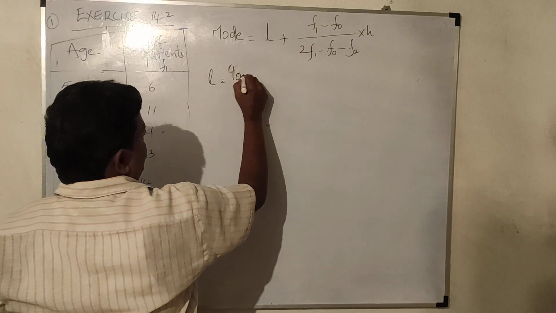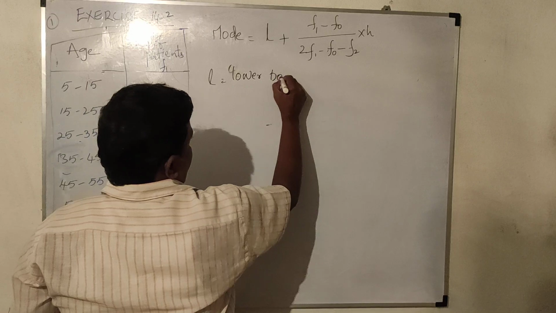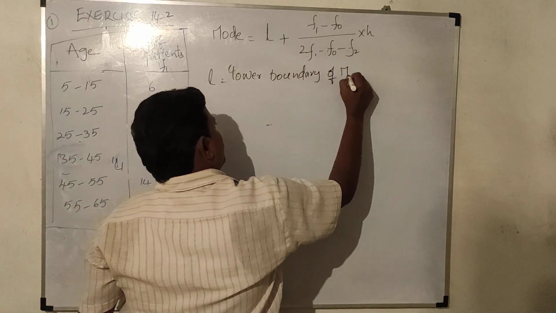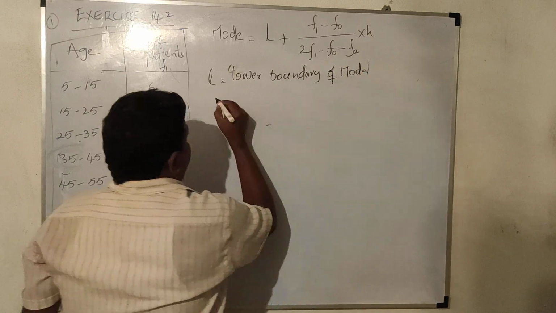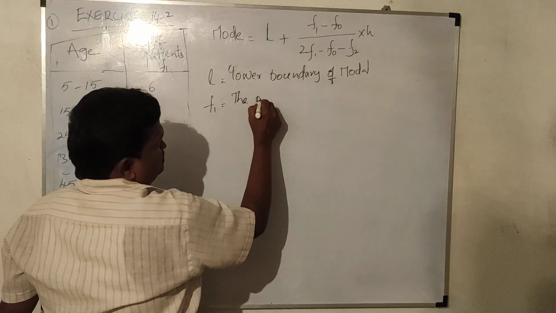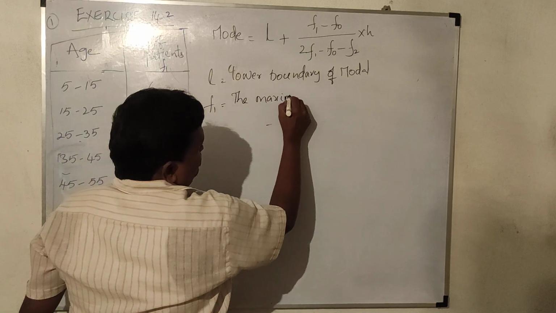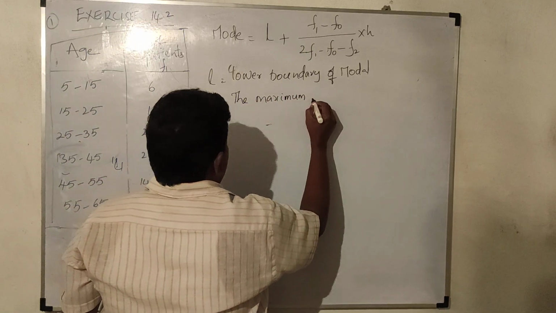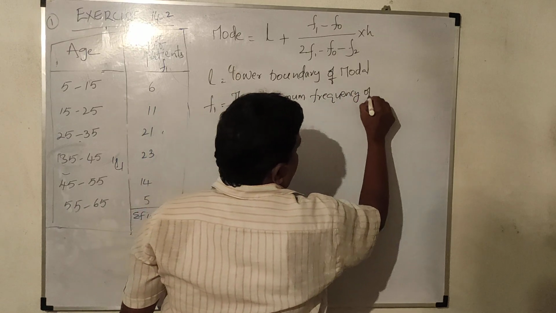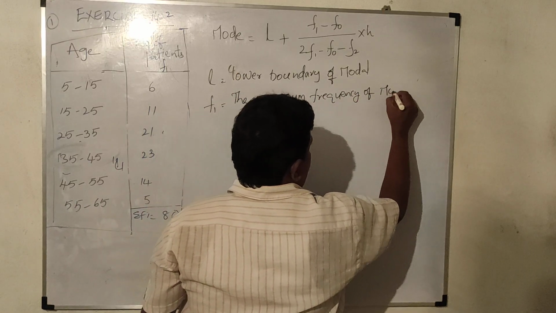L is called the lower boundary of the modal class, and F1 is the maximum frequency of the modal class.